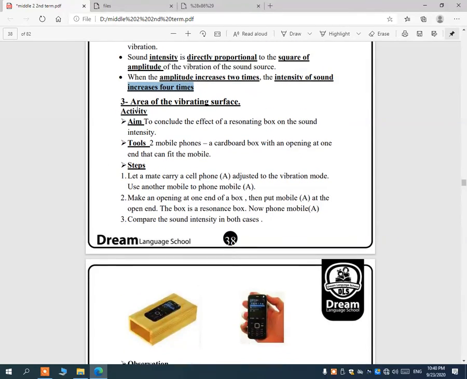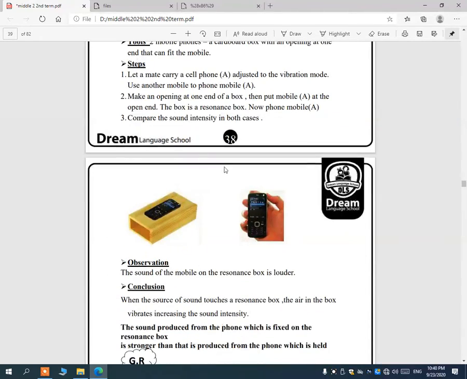Factor number 3 is the area of the vibrating surface. If we have a phone call and we make a vibration in our hands, and we put another phone on a resonance box, which is a wooden box that is empty and open, with an opening from one side.